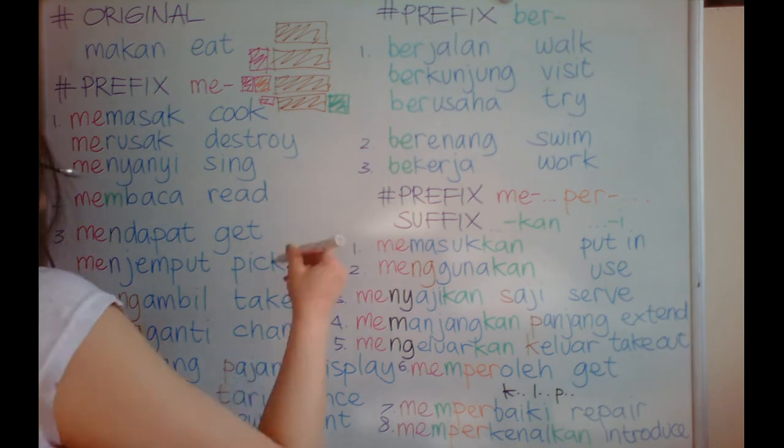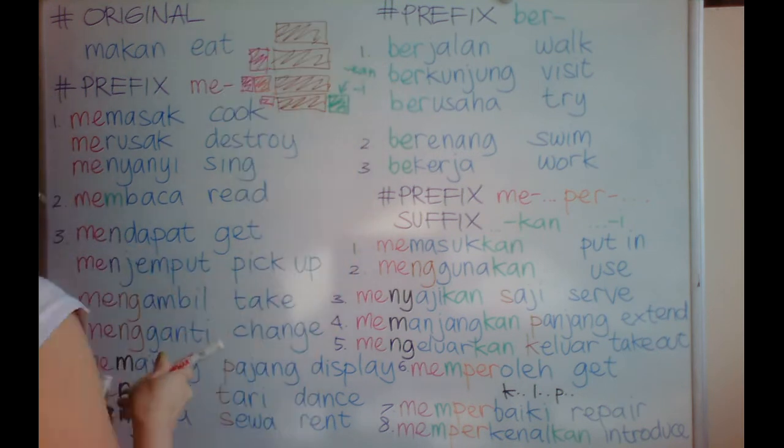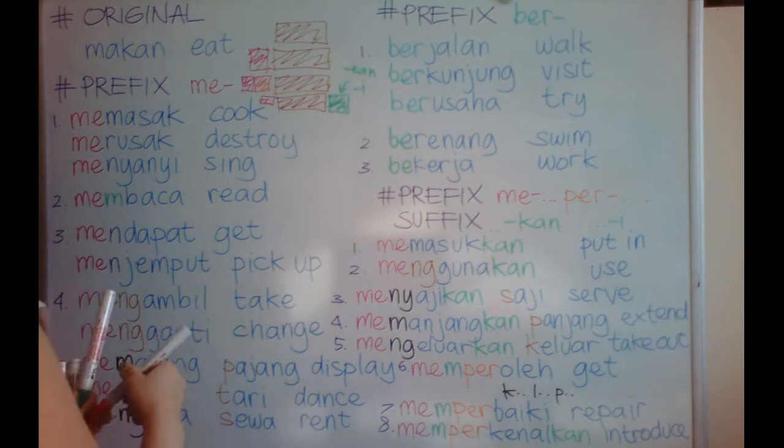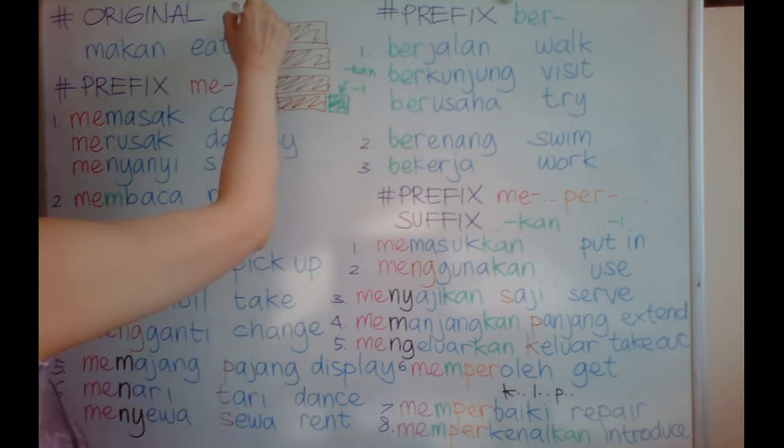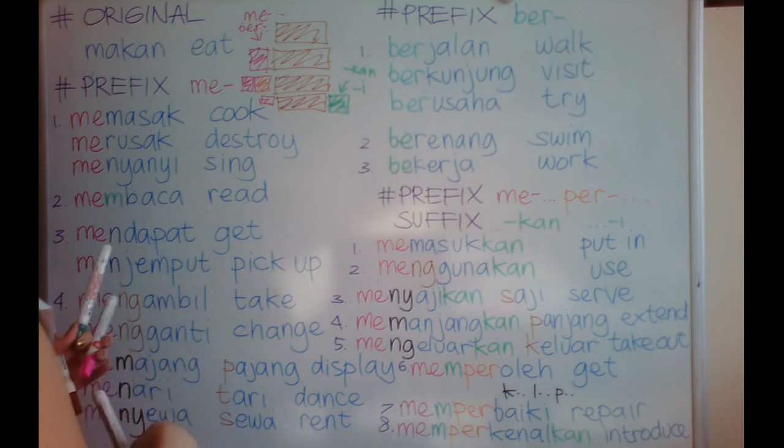And this is kan, or i, and this can be me, can be ber, and the orange one here can be per.